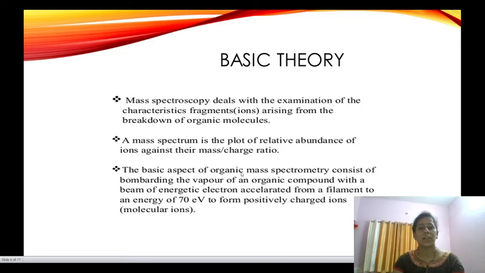The basic aspect of organic mass spectroscopy consists of bombarding the vapor of an organic compound with a beam of energetic electrons accelerated from a filament to an energy of 70 electron volt to form positively charged ions, and this is called the molecular ion or parent base peak ion.